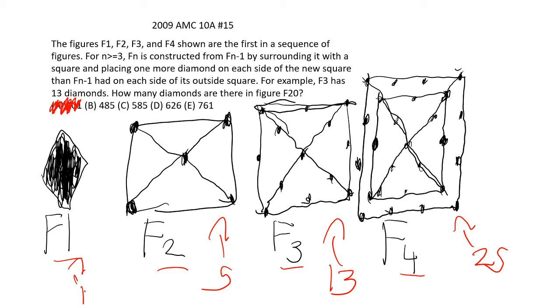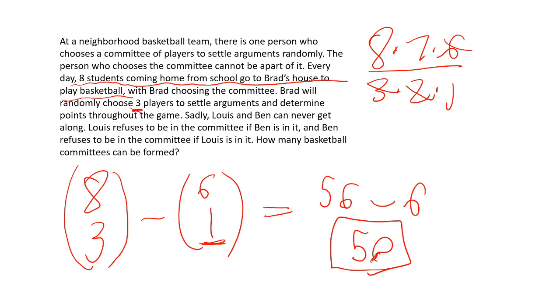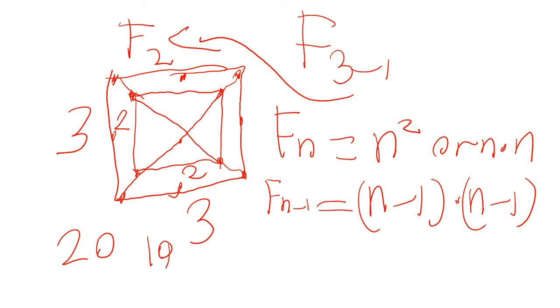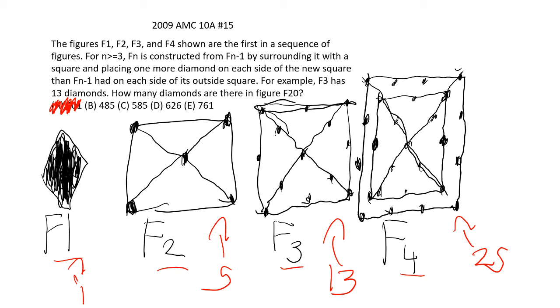Notice every time, over here we add 4, over here we add 8, and over here we add 12. This is basically an arithmetic sequence. We're adding an arithmetic sequence each time. We start off at 1, and then we go to the next count of diamonds. What's the next count of diamonds going to be? Just make it a basic arithmetic sequence based off of what we have over here.